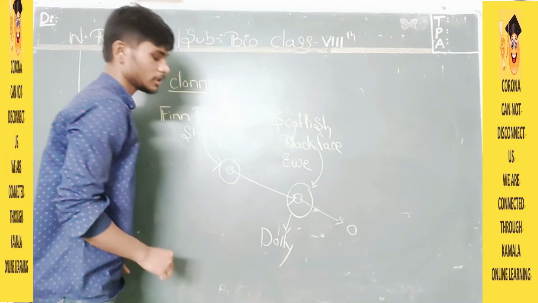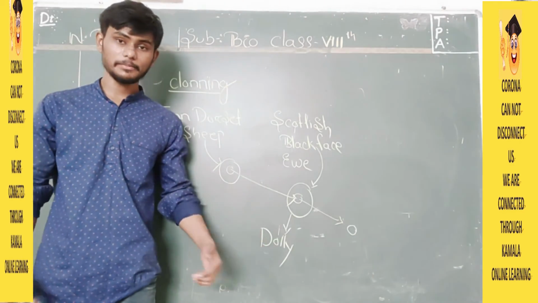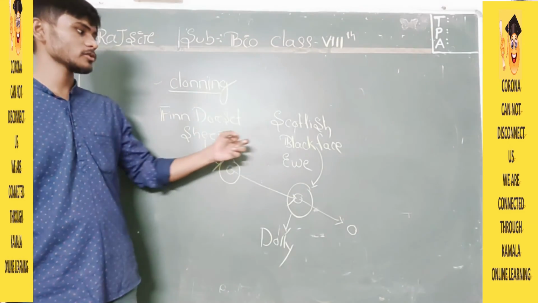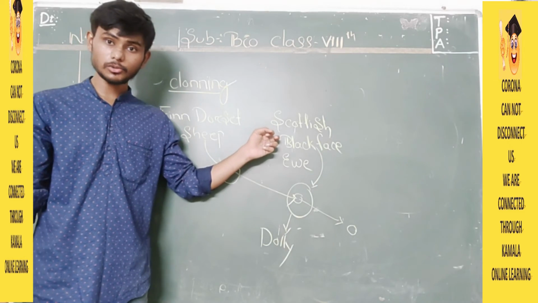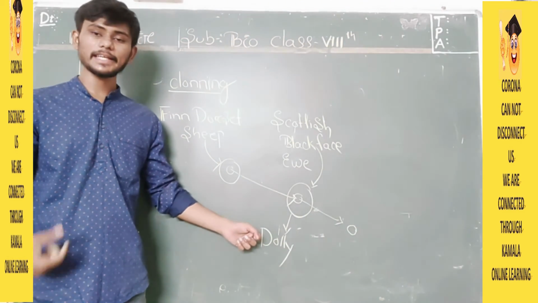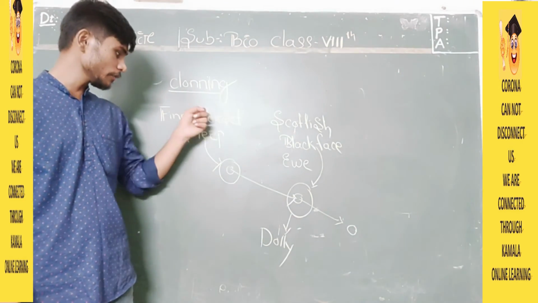Who took birth? Dolly took birth. And now the properties of Dolly, means the characters of Dolly, were completely equal to the Finn Dorset, not the Scottish black-faced ewe. Although the Scottish black-faced ewe gave birth, the properties and the traits were very much similar to those of the Finn Dorset.